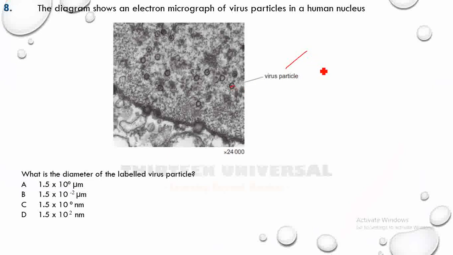That gives you the image height. When we measured it in real life, we got 3.6 millimeters. But if you look at the options, we have micrometers and nanometers.